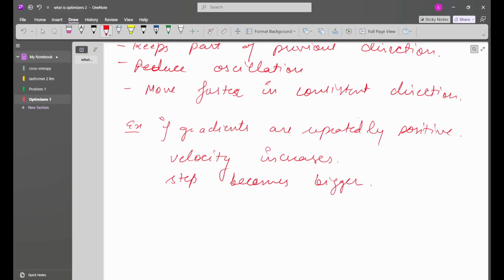So you can understand this statement: if gradients are repeatedly positive, velocity increases and steps become bigger. So momentum helps to take bigger steps.